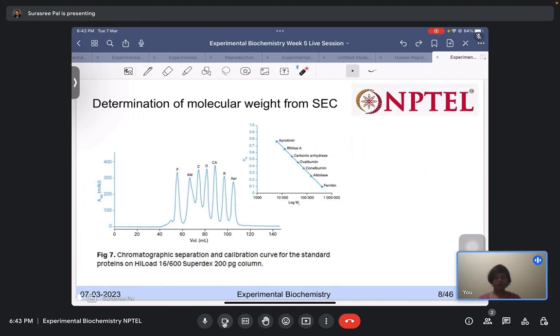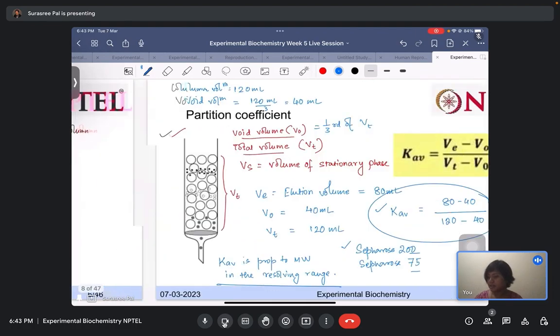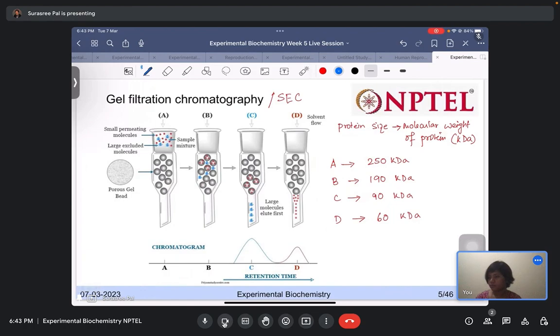First of all, we use blue dextran to determine the void volume. Suppose this is the void volume.